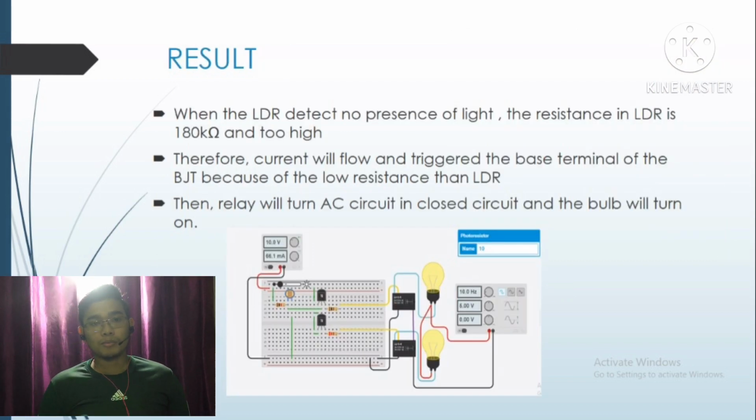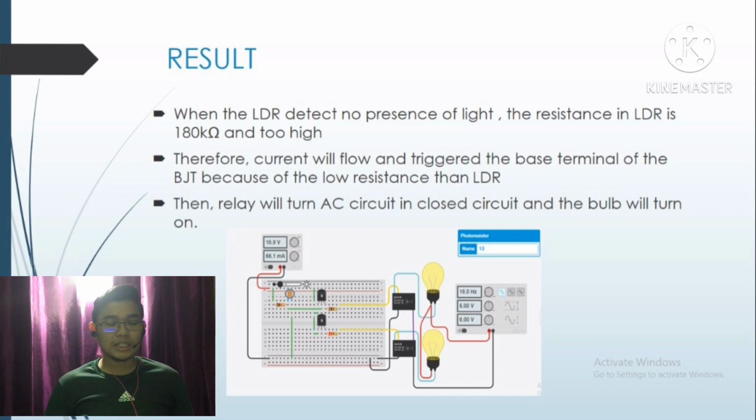For the result of my circuit, I divide it into 3 conditions: when the presence of light is high, when it is medium, and when it is low. For the first condition, when the presence of light is low, which is no light, we can clearly see from the result circuit that both bulbs are turned on.